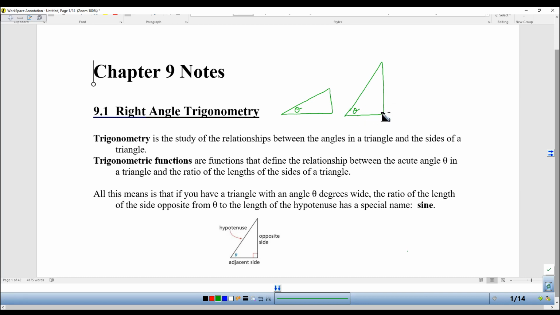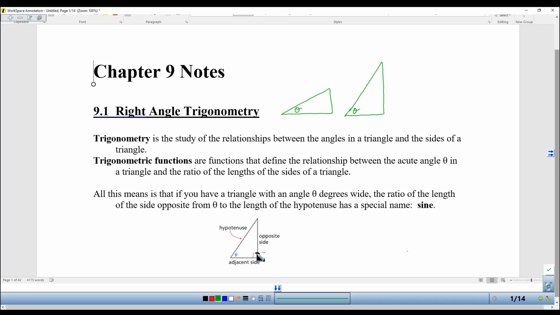I could leave this side the same, but it would also affect this side. So the relationship there between how big the angle is and how big the sides are is the study of trigonometry. Somebody gave names to all these different pieces of the triangle and all the different relationships.